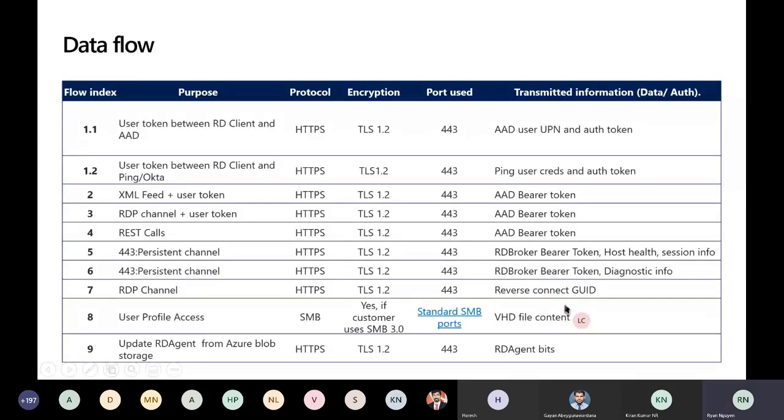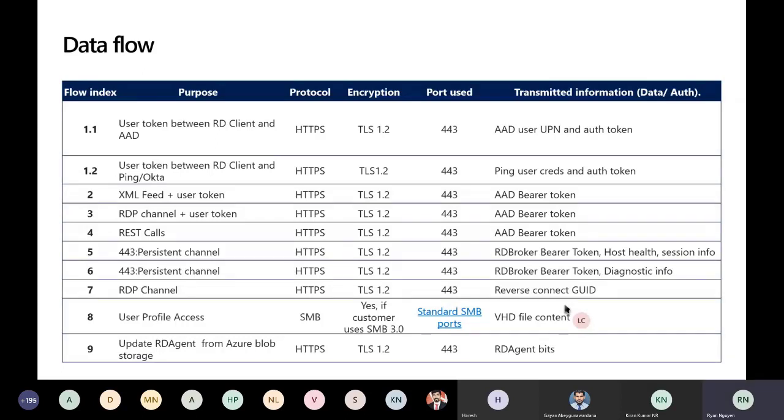The table will give you insight into the data flow, the protocol, the encryption, and the port that we use. As I mentioned earlier, WVD is more secure. We use reverse connect, so there is no public RDP port.